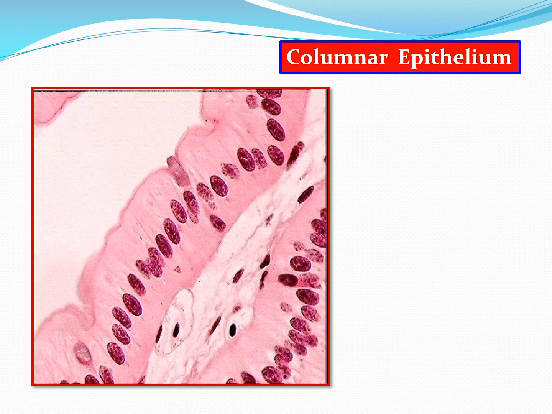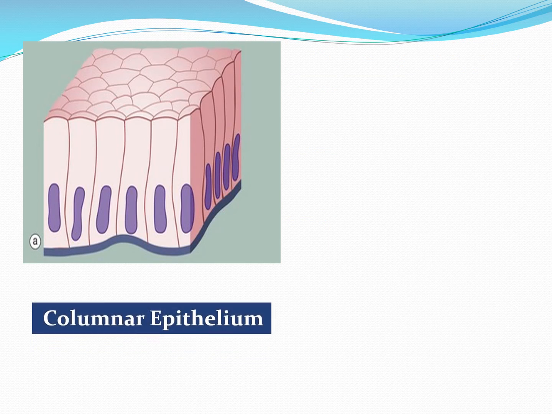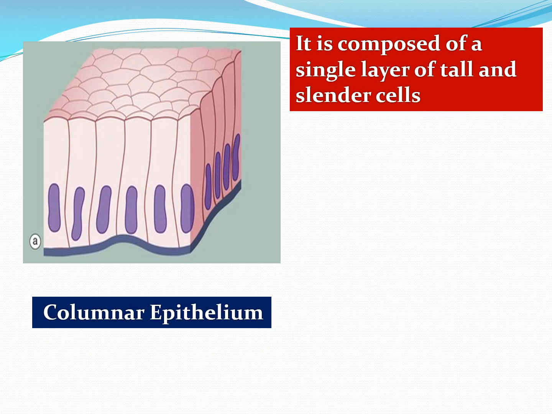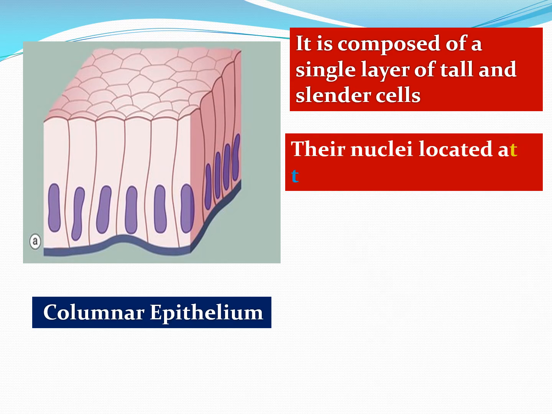And the third one is columnar epithelium. So, columnar epithelium is composed of a single layer of tall and slender cells. Their nuclei are located at the base of the cells.